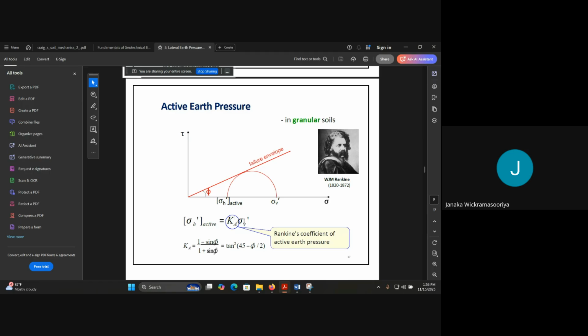And how you can find the Ka is 1 minus sine phi dash divided by 1 plus sine phi dash. Or else you can simplify this equation into tan squared of something like this also. So this is the basis of the active earth pressure.